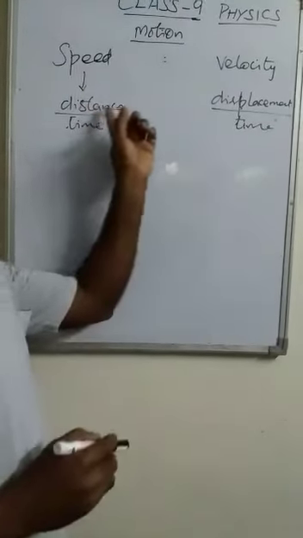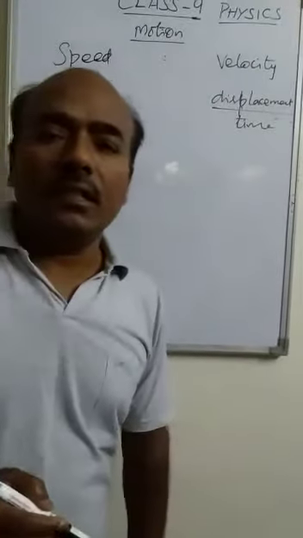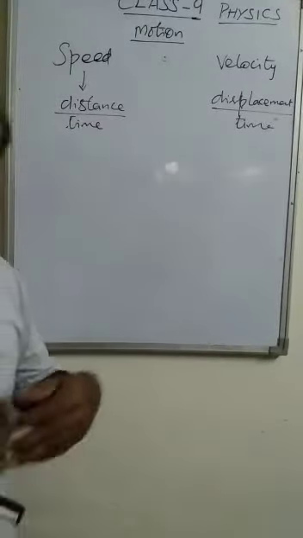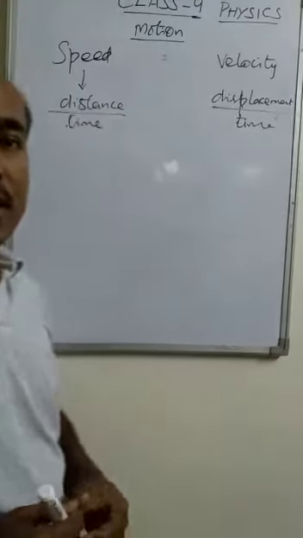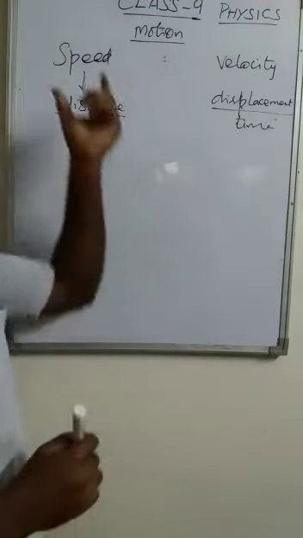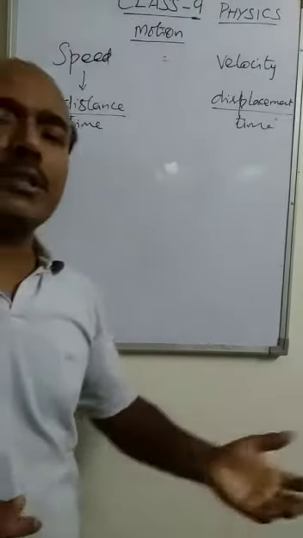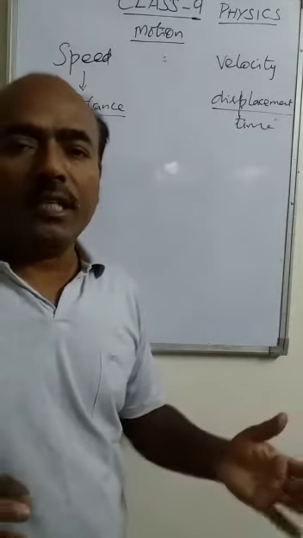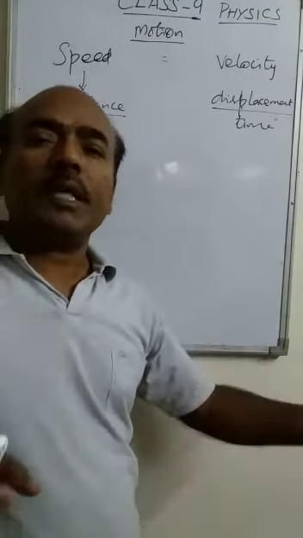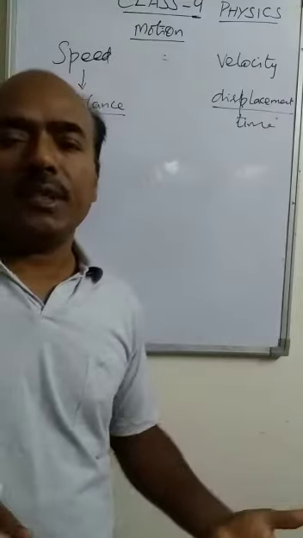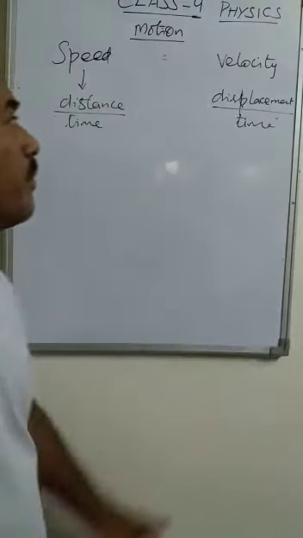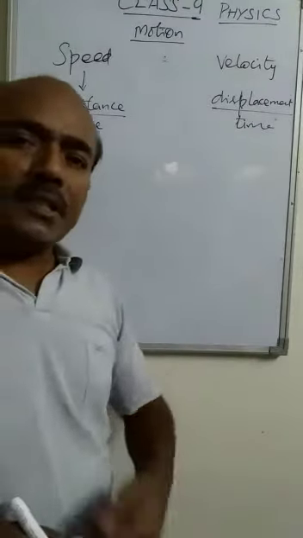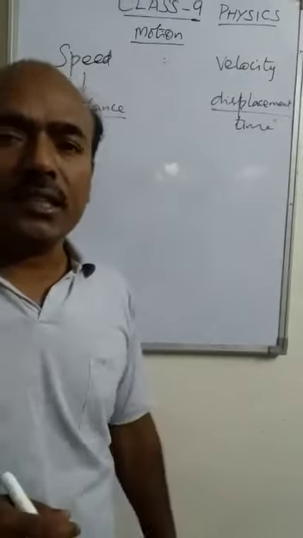As you know, in distance, the direction of motion is not considered. So, in speed also, the direction of motion is not considered. Only the length of path covered by the object in the given time matters. In displacement, direction of motion is considered.